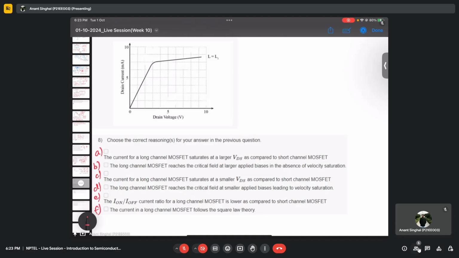Okay, so let's see one by one. So the first option says that the current for the long channel MOSFET saturates at a larger VDS as compared to the short channel. So we have just seen that the VD sat will be lesser if the VTH will be higher, and VTH will be higher for the long channel MOSFET. So for the long channel MOSFET, it's saying that it is saturated at a larger VDS. Okay, the long channel was this one, and the short channel was this one.